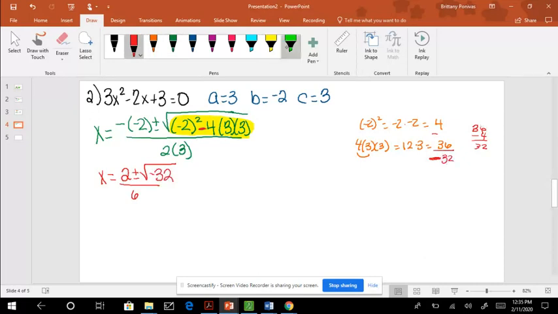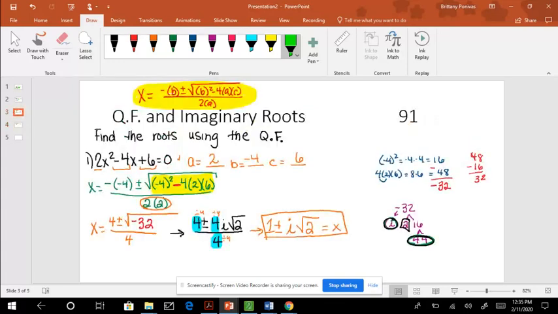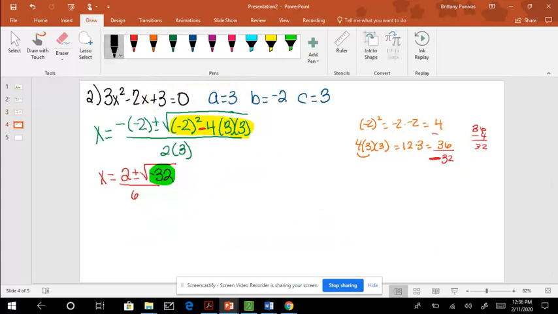This radicand is the same as the radicand for number 1, and you already have the tree for that with number 1. So we already know that it simplifies to be 4i square root 2. So we don't have to show the work for the tree here. So this becomes 2 plus or minus 4i square root 2 all over 6.